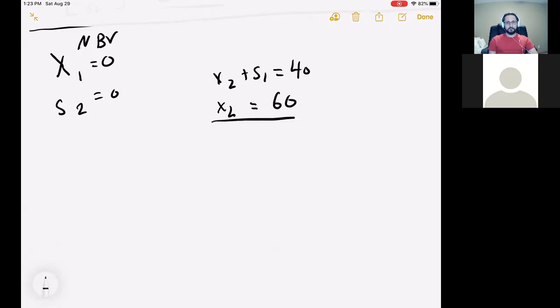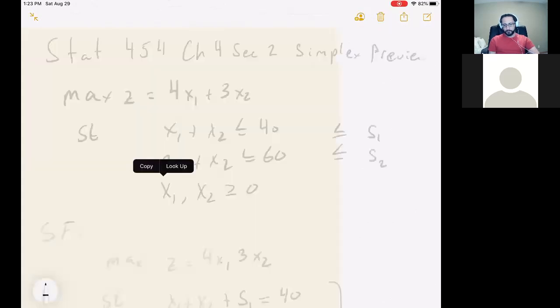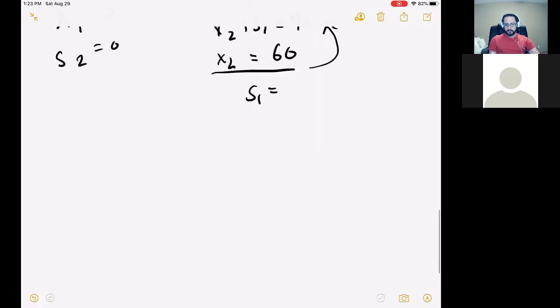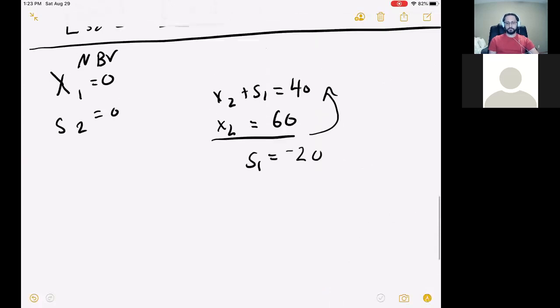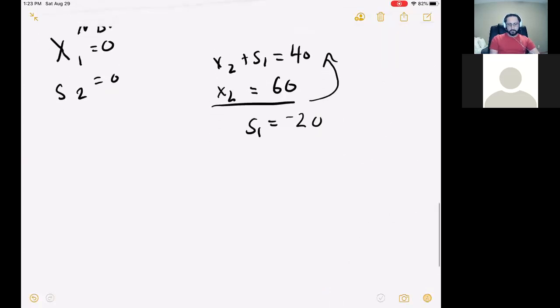Turns out we already have one solution. If I back substitute, I end up with s1 equals negative 20. And listing my solution, I would have one of the form 0, 60, minus 20, and 0.